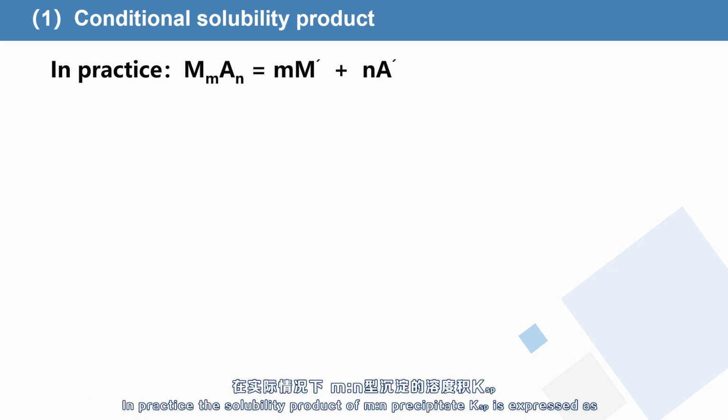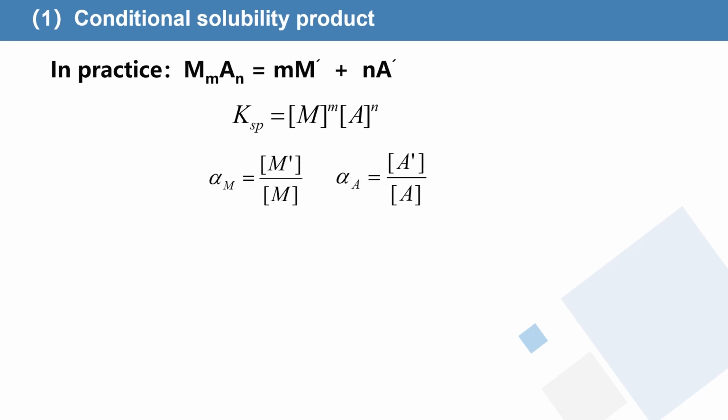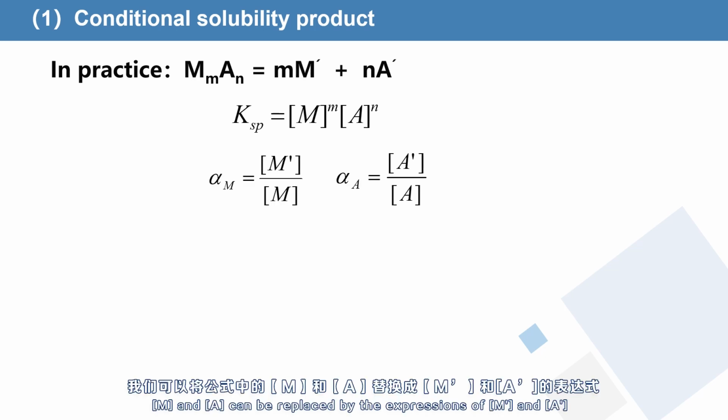In practice, the solubility product of m/n precipitate Ksp is expressed as, and according to the calculation of the secondary reaction coefficient, M and A can be replaced by the expressions of M' and A'.